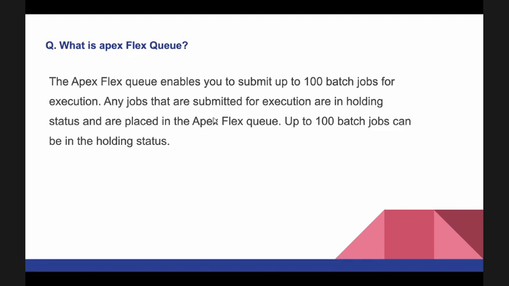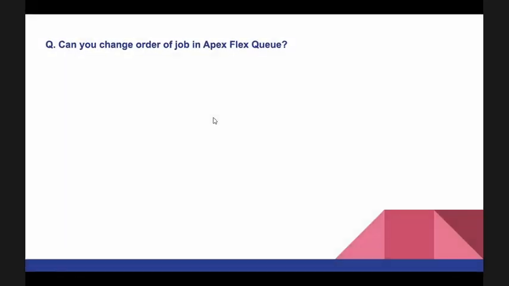And I'll go for the next question. Can you change the order of a job in Apex Flex Queue? So this is a very interesting question. We can change the order of jobs in the Apex Flex queue. Jobs are processed generally in first in, first out order, in which they are submitted. But if we want, we can take a look at the current queue and shuffle it.